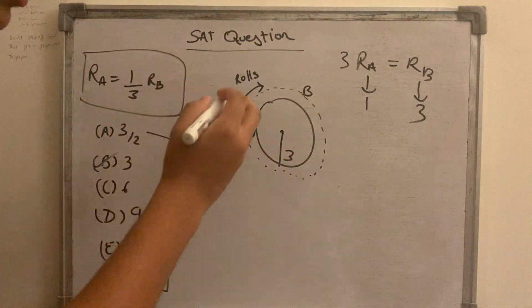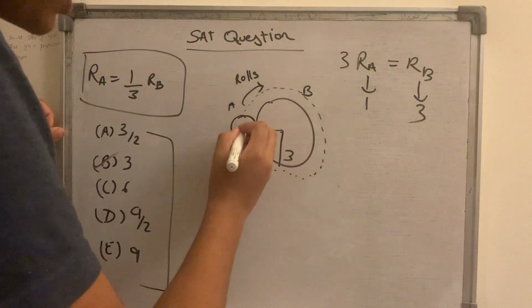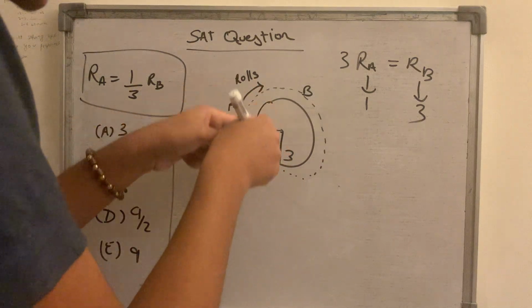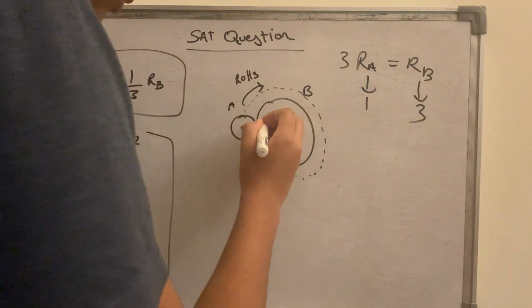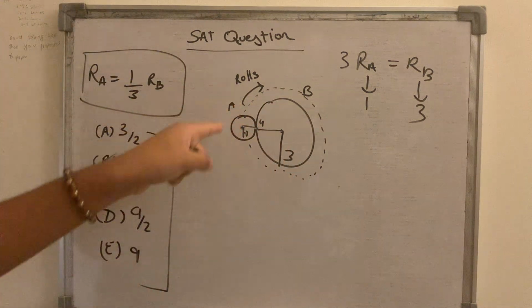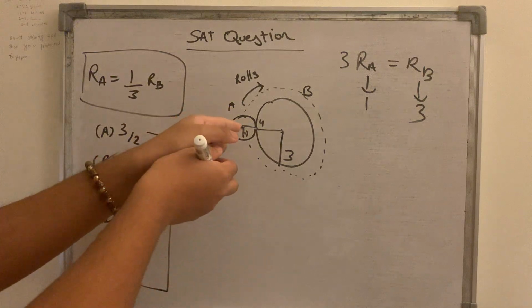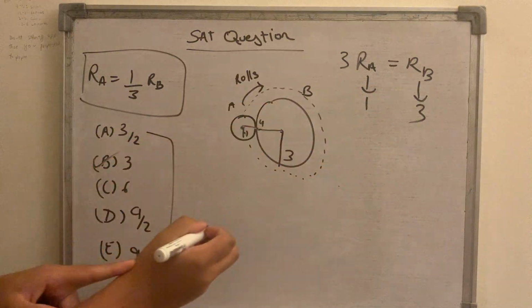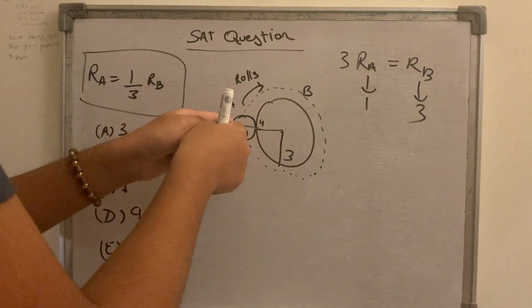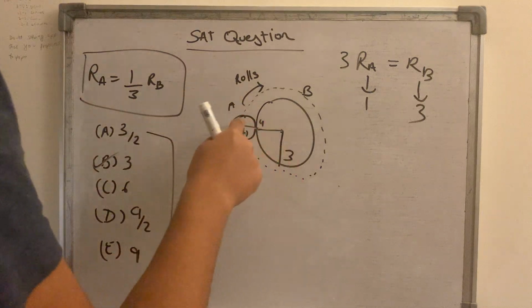And what is the radius of the circular trajectory? It's 3 plus 1, because both of these circles touch each other, right? So it's 3 plus 1, that is 4. So this circle through which this point will travel has a radius of 4 units.